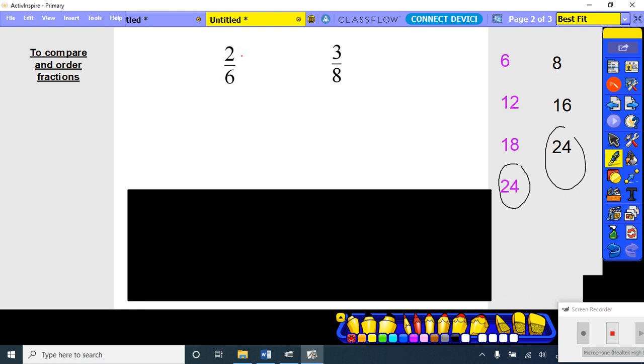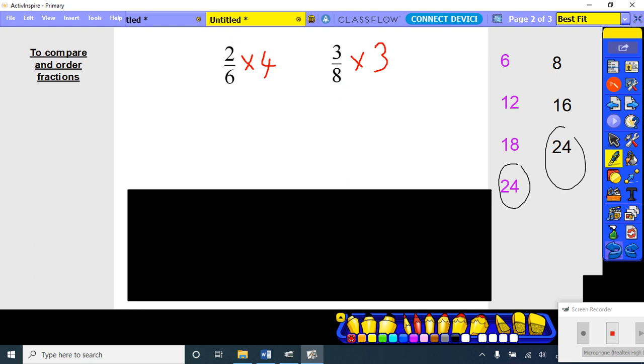On this first fraction, we must times the denominator of 6 by 4 so that it becomes 24. And on the second fraction, we must multiply it by 3 so that it becomes 24. Remember, if we're multiplying the denominators, we must also do the same to the numerators.